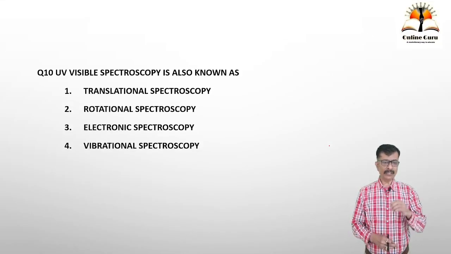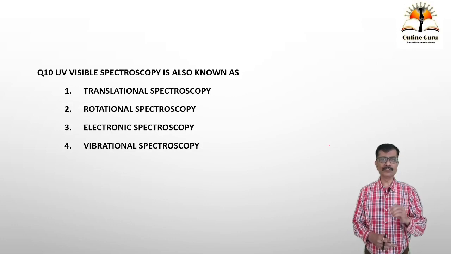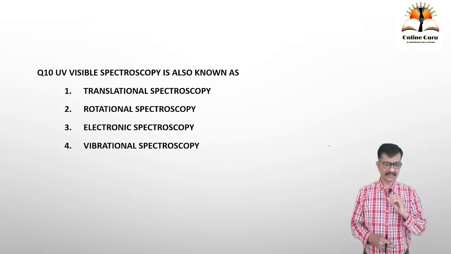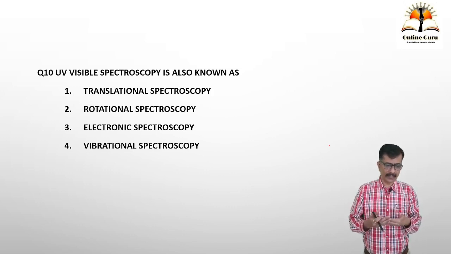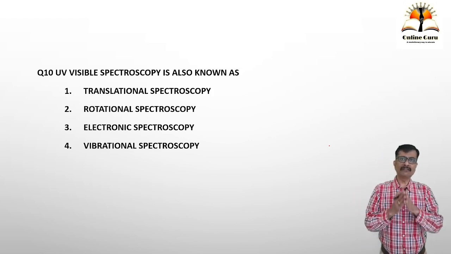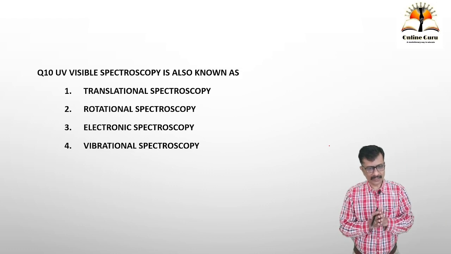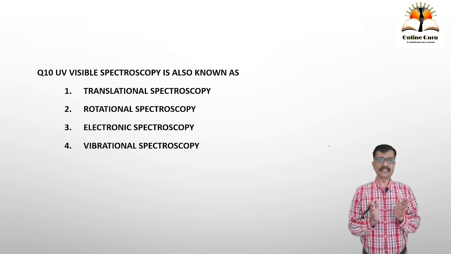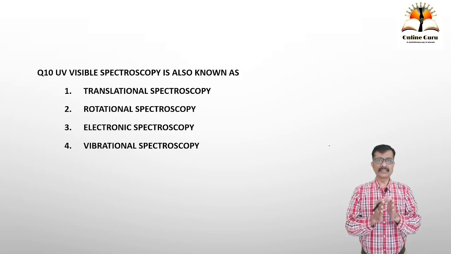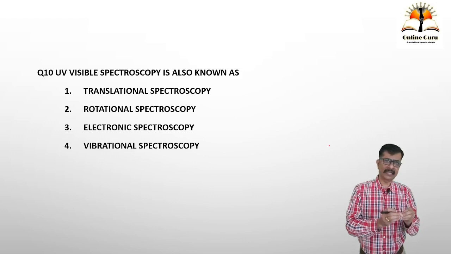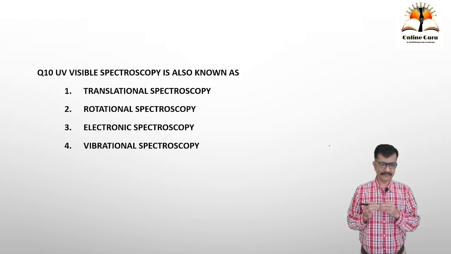See, UV visible spectroscopy is also known as translational spectroscopy, rotational spectroscopy, electronic spectroscopy, or vibrational spectroscopy. Now when we discussed spectroscopy, we said that the technique is based upon the changes that take place with respect to electromagnetic radiation as well as matter.